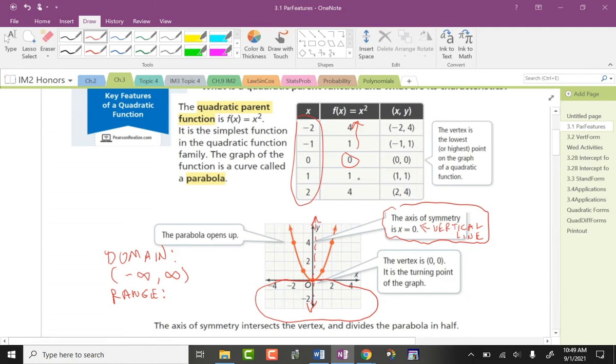And then 1, 4, 9. The smallest the y values seem they could be is 0. So that's what the range is. It's from 0 to infinity. Notice I put a bracket on 0, because 0 is part of the range. It is one of the output values. So when they ask range, what are the y values possible for this function? And that's a little different than the domain.